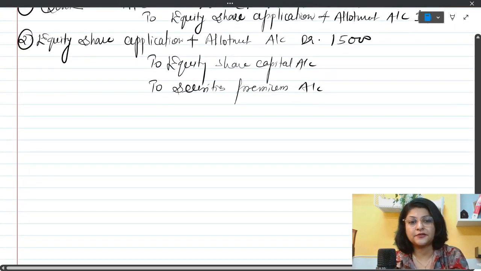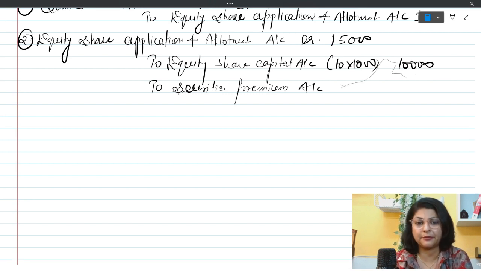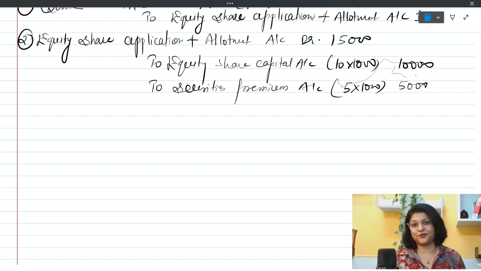You will transfer 10 rupees per share to equity share capital, meaning 10,000 rupees will be transferred to equity share capital and 5 rupees will be transferred to securities premium. So 5,000 rupees is transferred to securities premium. So only two entries are going to come here also.